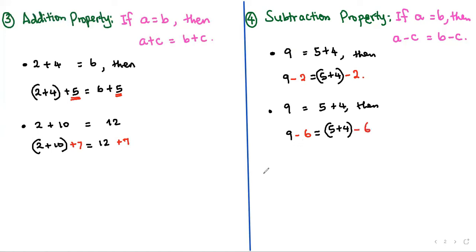You see? So what you subtract on the left-hand side, you must subtract from the right-hand side in order to have the equation balancing. I hope that is also understood. So let's have property number 5.